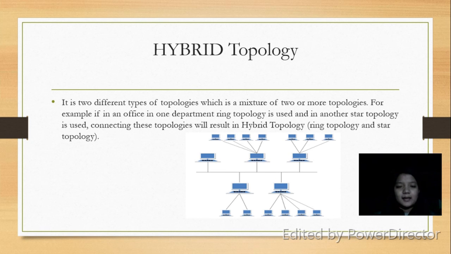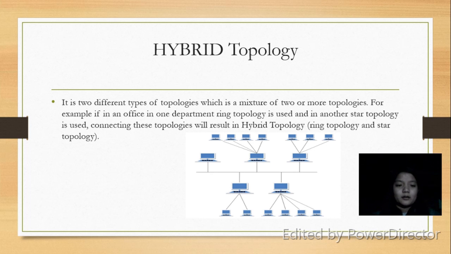This is the last type of network topology, the hybrid topology. It is a mixture of two or more topologies. For example, in an office, in one department ring topology is used and in another star topology is used. Connecting these topologies will result in a hybrid topology.